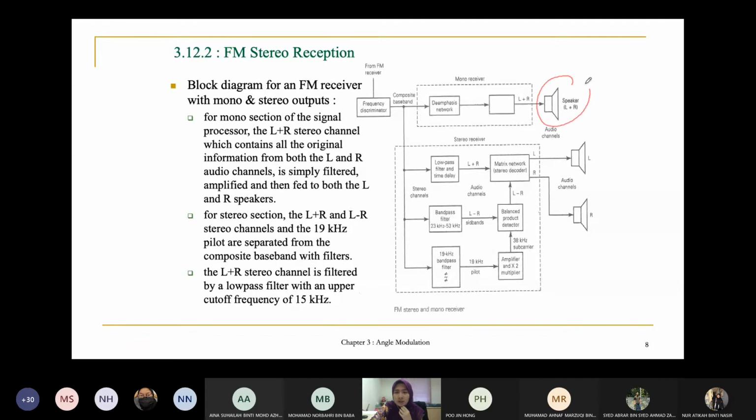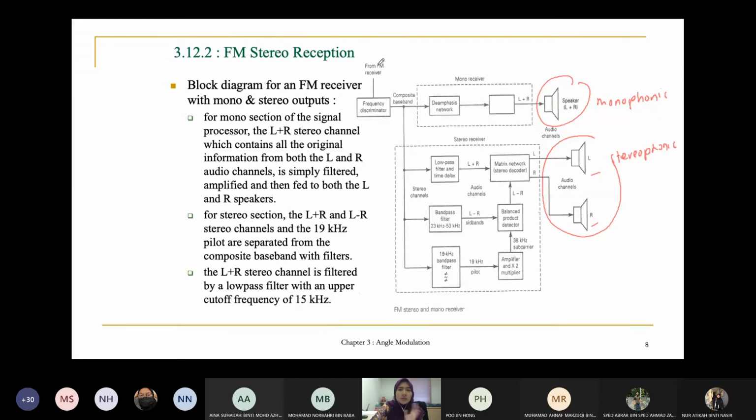In this one, you only have one speaker, so this is monophonic. In this one, you have two speakers, one for the left speaker and the other for the right speaker. So this is stereophonic.